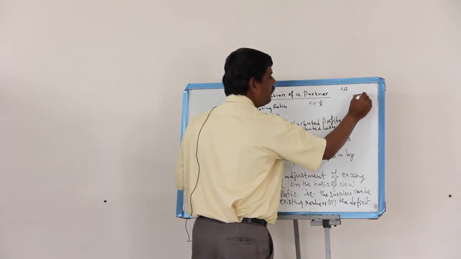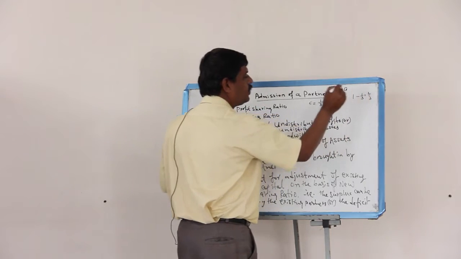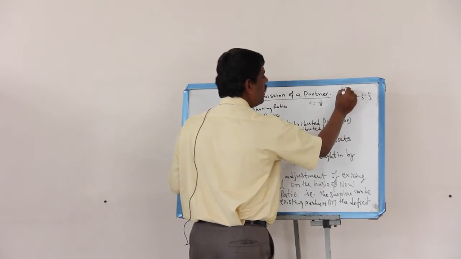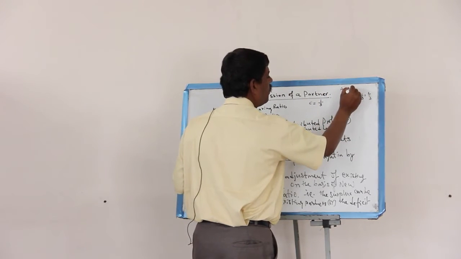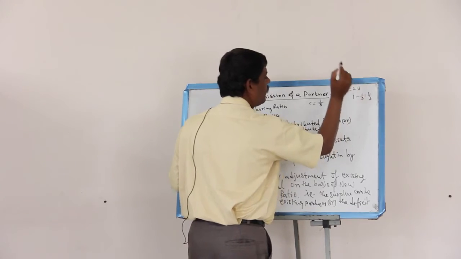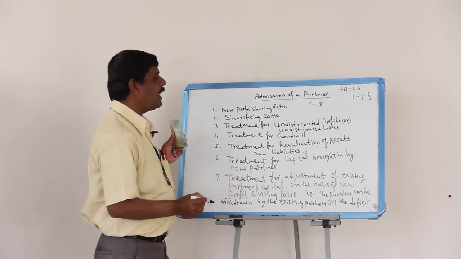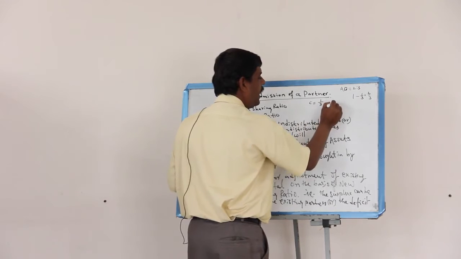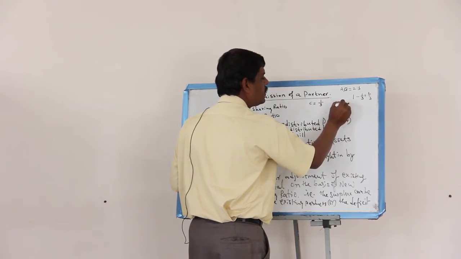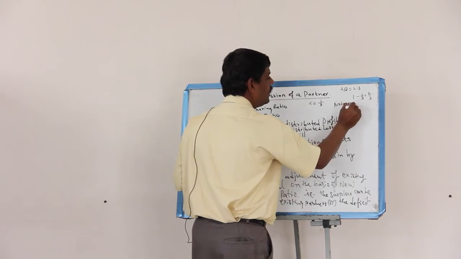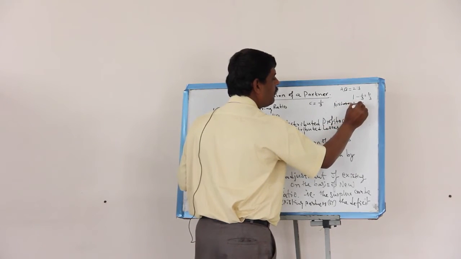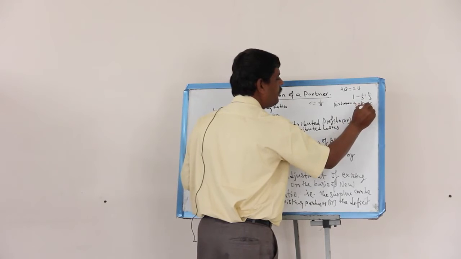So left out is 2/3. This 2/3 has to be distributed among A and B at their old ratio 2:3. So A's profit sharing ratio is equal to 2/3 into 2/5, which is equal to 4/15.